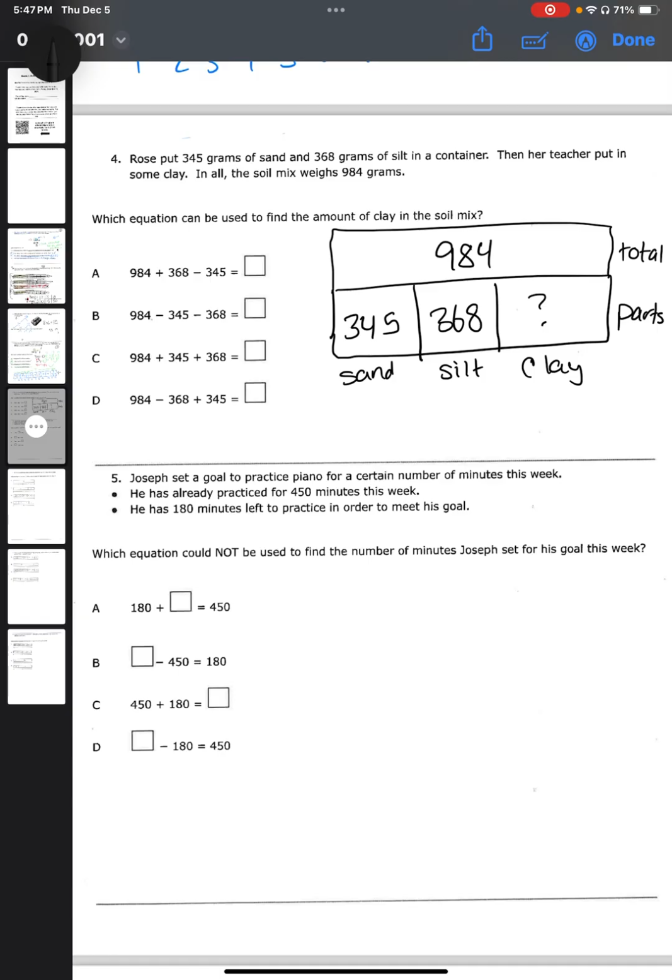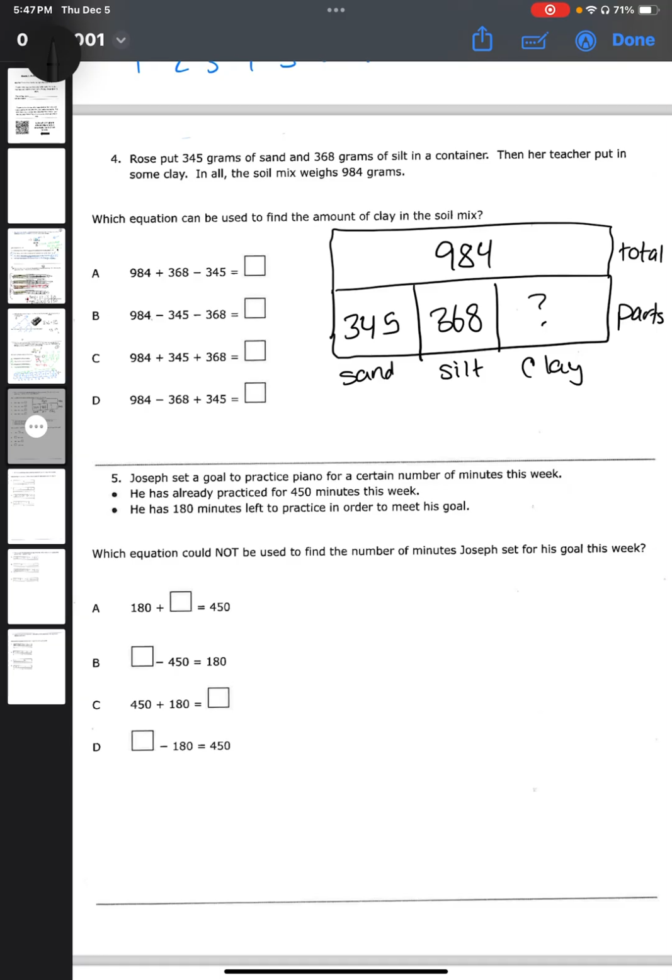Now we're trying to find the equation that we could use to find the amount of clay in the soil mix. This is a part whole model, the strip diagram, and in this case there are more than two parts, so we'll call it a part whole model. And kids have been working with part whole model since first grade, and this works the same way. We're just now dealing with bigger numbers.